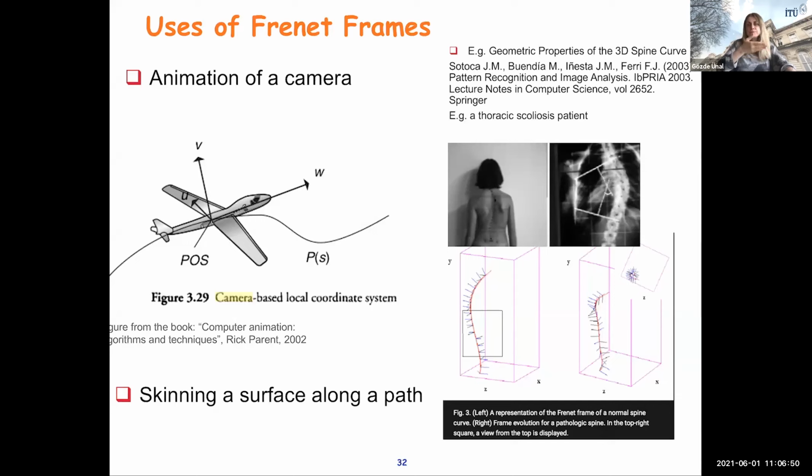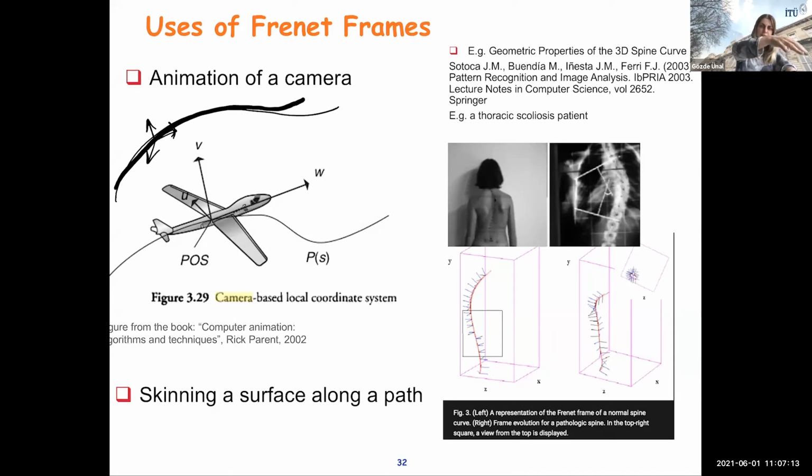First of all, the main use is in the computer graphics field. Given a trajectory of an agent or an object, the Frenet frame is important because you trace the trajectory through knowing the tangent, normal, and binormal vectors.